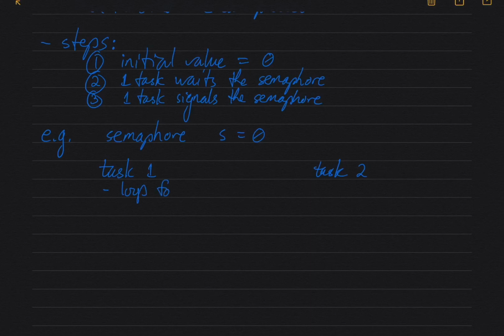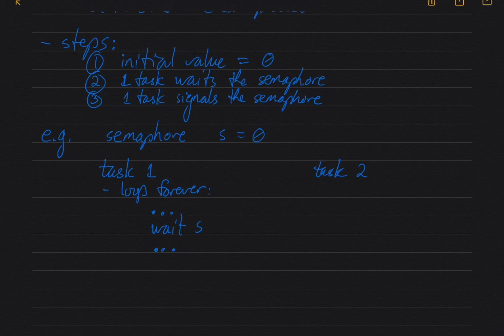Loop forever, and the ... just indicates some kind of work that's being done by this task, and then it is going to wait on semaphore S, so wait S, and then it's going to block while S is 0, then it will do some more work, and that is the body of its loop.